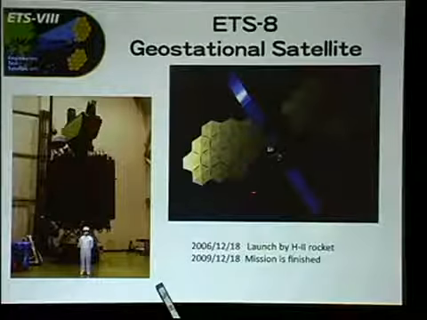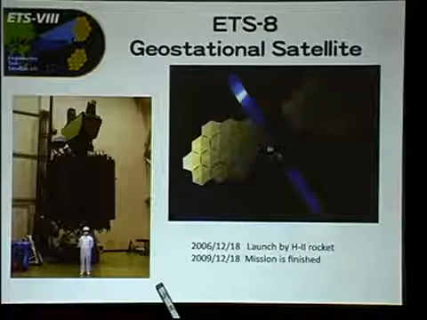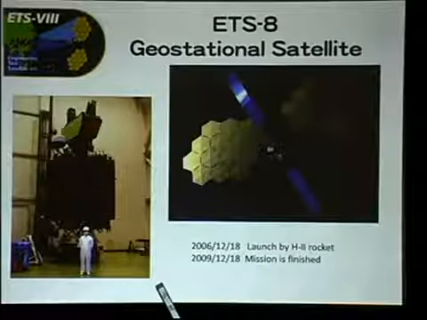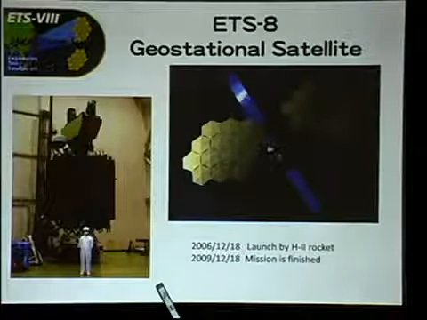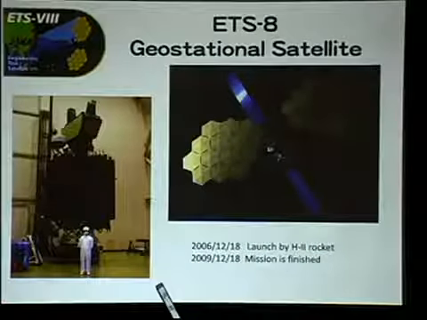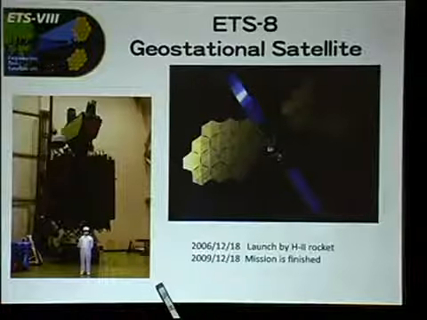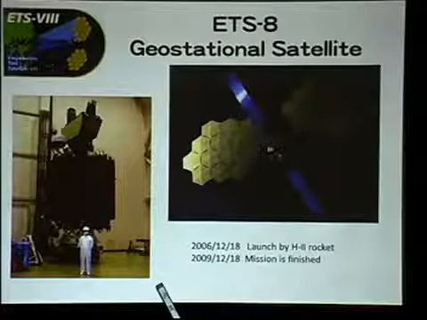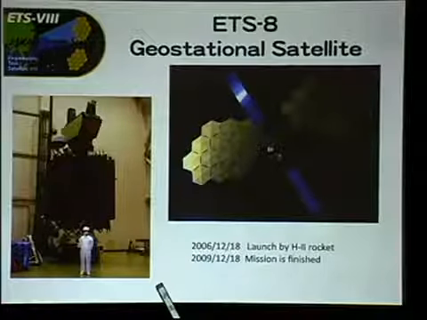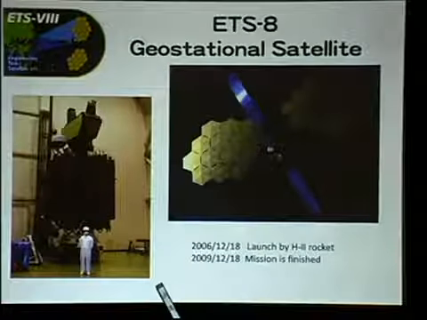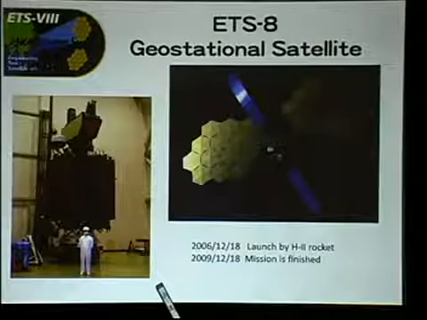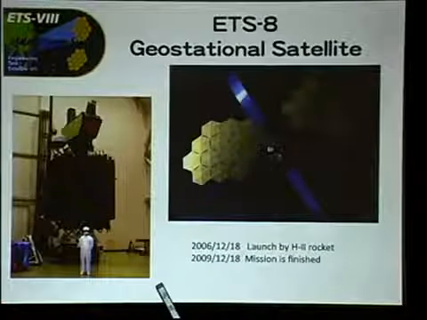Maybe you know this is a Japanese geostationary satellite called ETS-8. It has a very big pair of antennas, and the diameter is about 15 meters, so it can radiate 2.5 gigahertz.